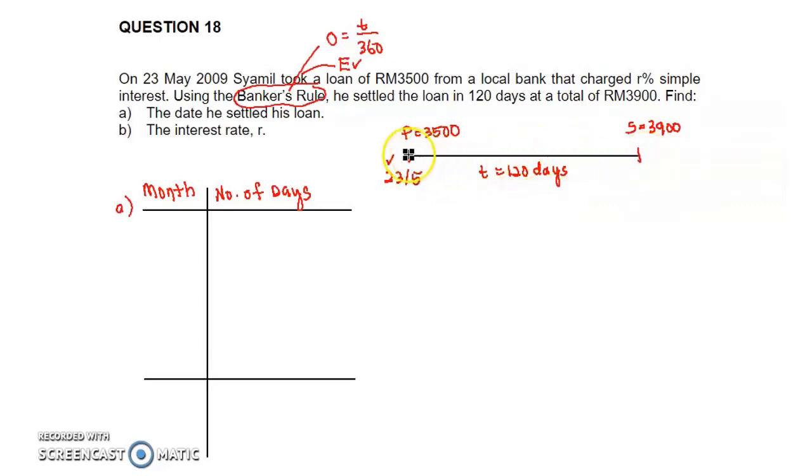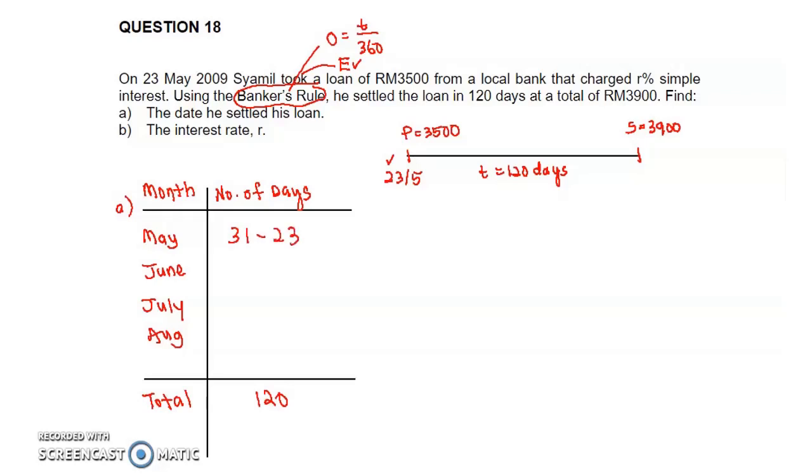We need to calculate from 23rd May, so start with May, June, July, August. Let's say I stop at August. We know the total is 120 days. Use exact time. May has 31 days, and we start on the 23rd.